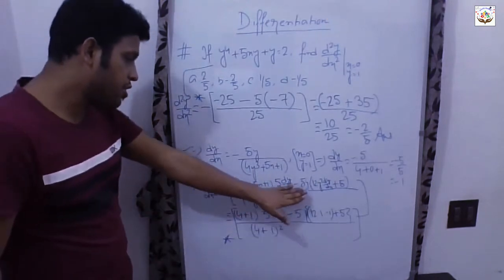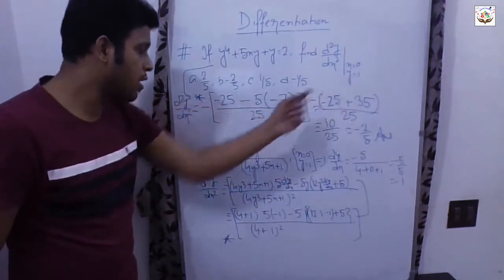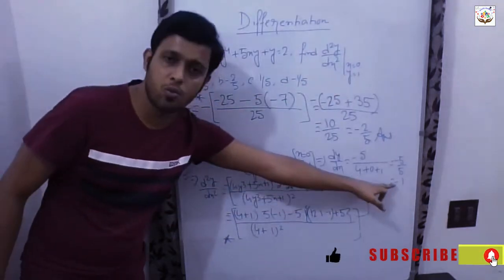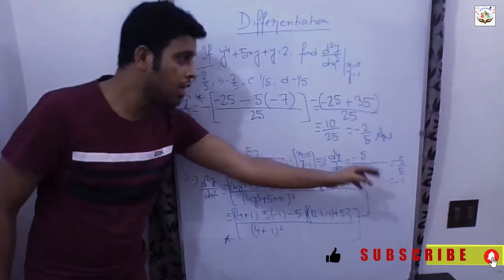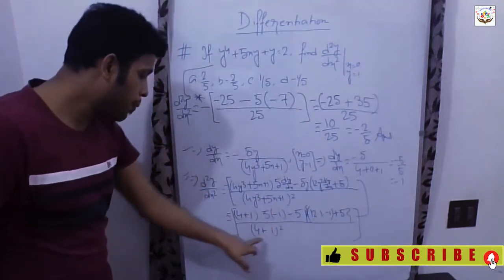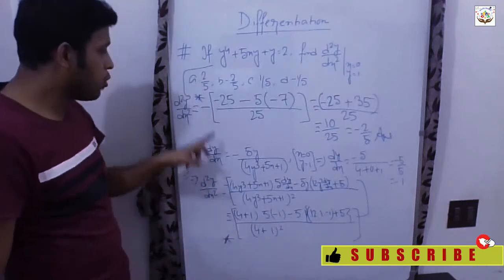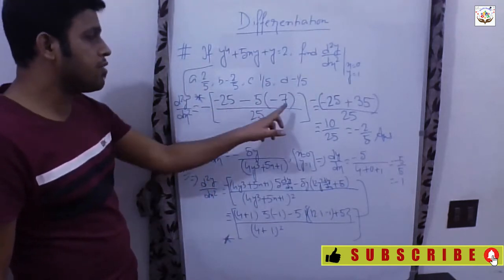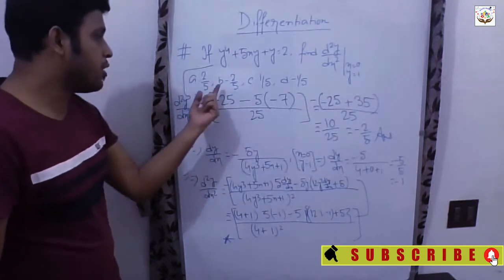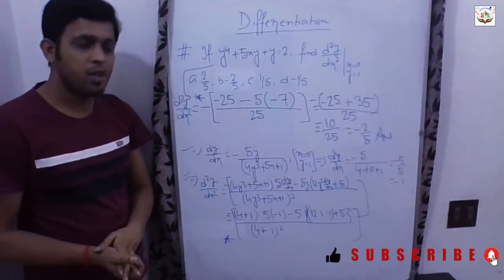From this expression we put y as 1, x as 0, and dy dx as minus 1, because we have already found that value at x equals to 0, y equals to 1. Just put those values as it is after this step, and your answer will be minus 2 by 5, which matches option B, right?